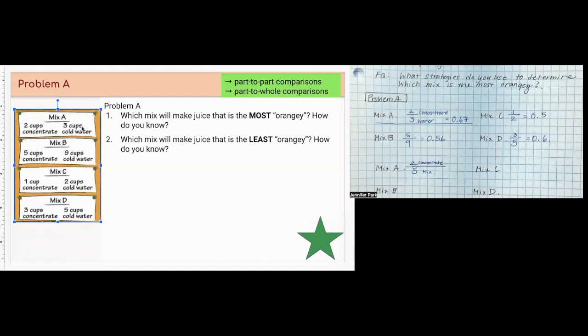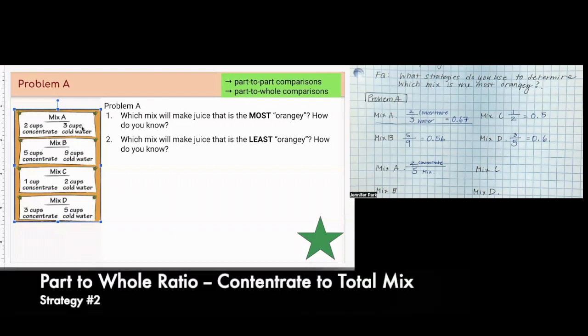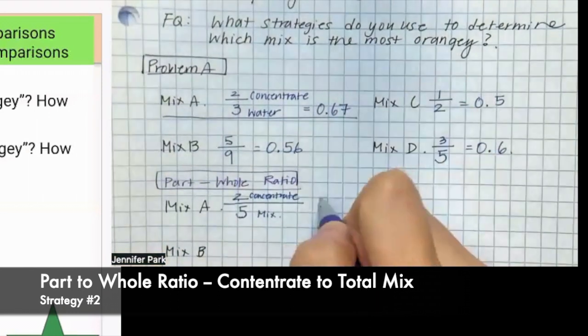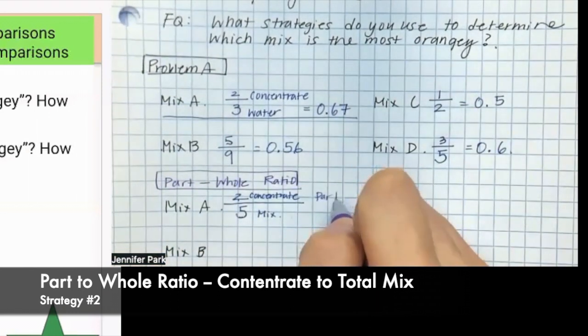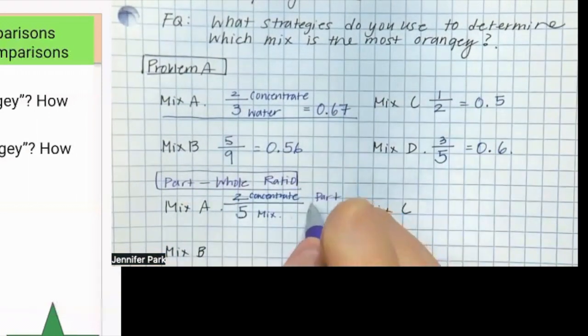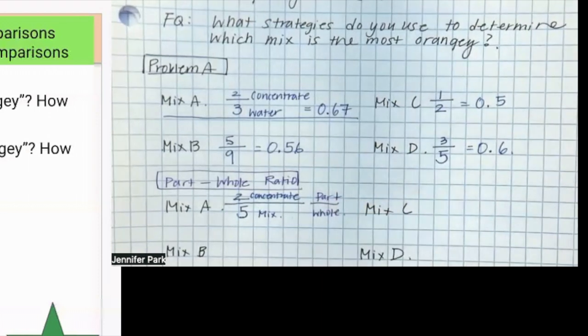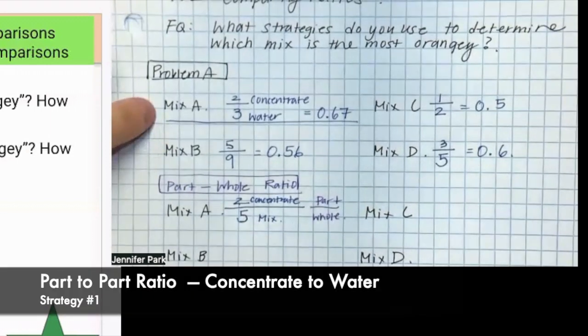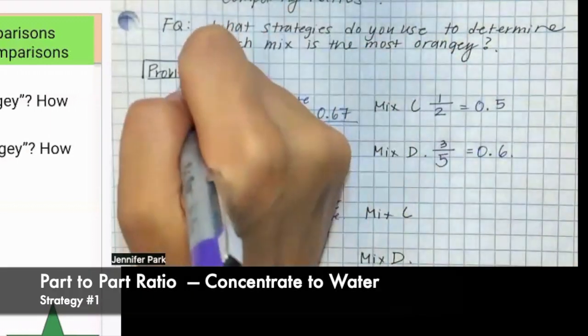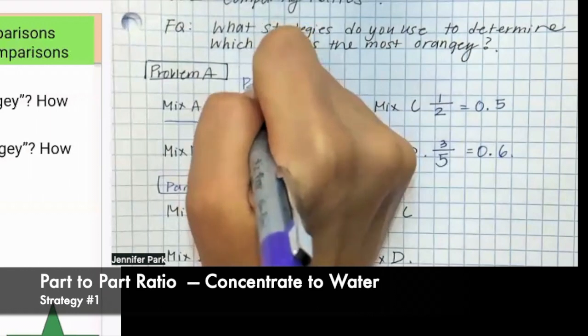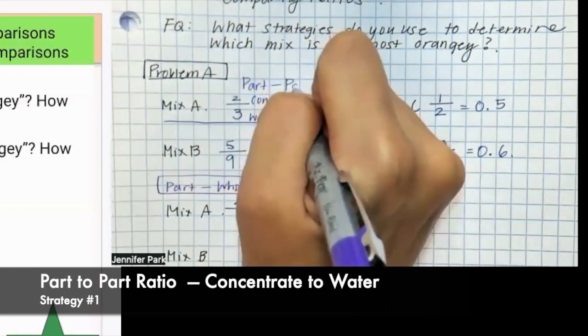This is called a part to whole ratio. We're comparing part of the juice mix to the entire juice. The first strategy up here was a part to part ratio.